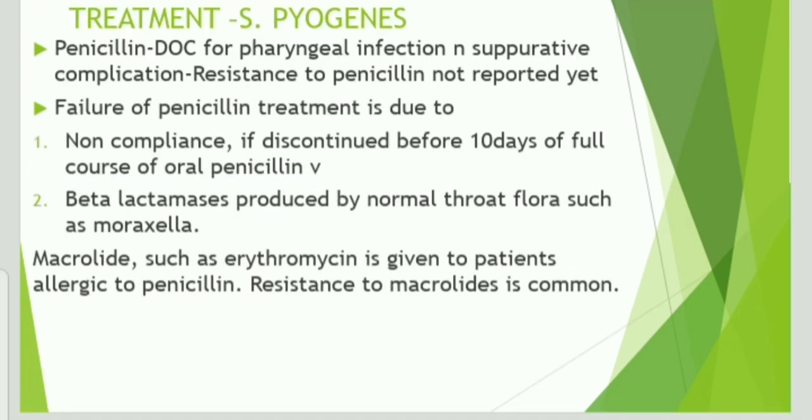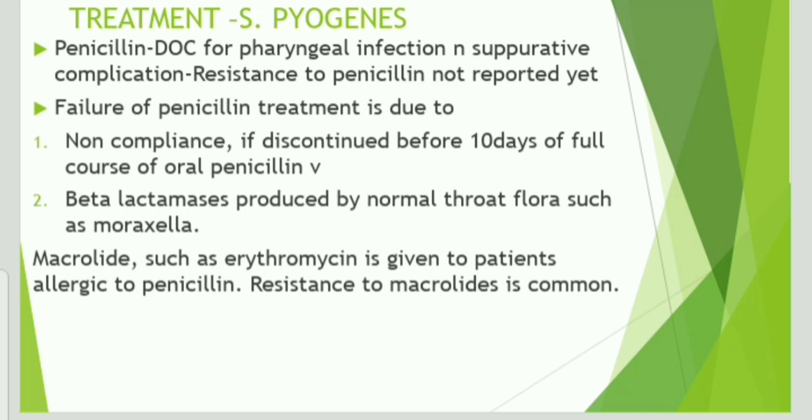Now let's discuss the treatment of this infection. Can you guess which antibiotics can be used here? Penicillin is the drug of choice for pharyngeal and other suppurative complications. Actually, resistance to penicillin is not reported yet.